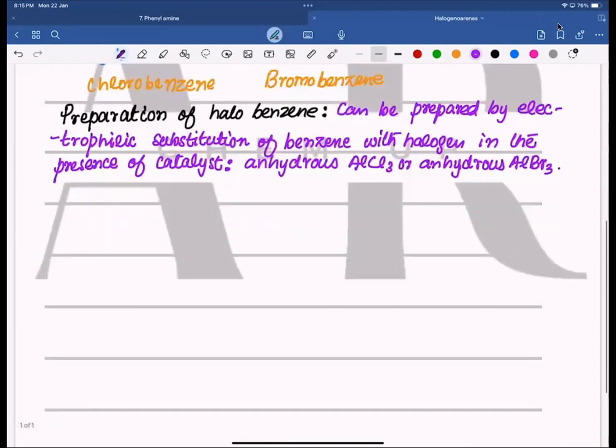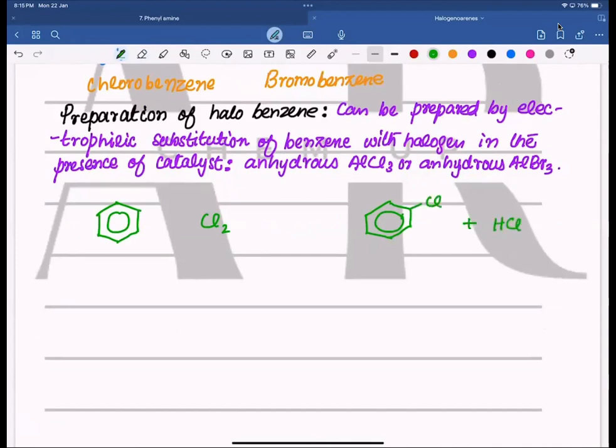So the reaction will be like this. A benzene molecule reacts with chlorine. A chlorine substitutes the hydrogen, forms chlorobenzene, and along with that, HCl is formed.